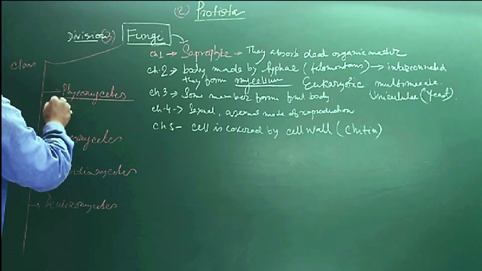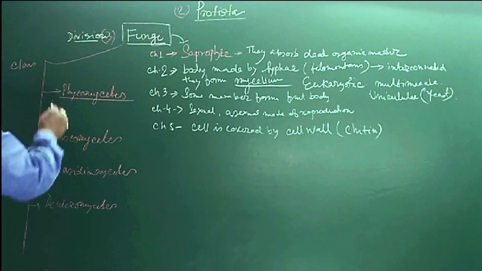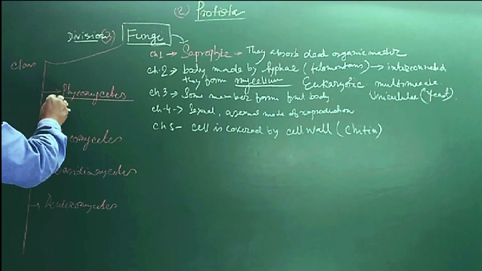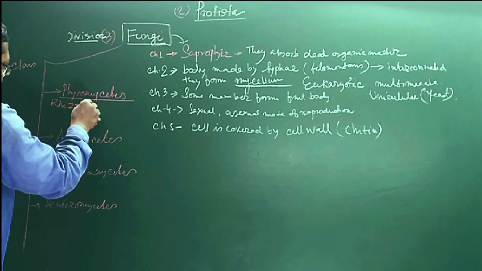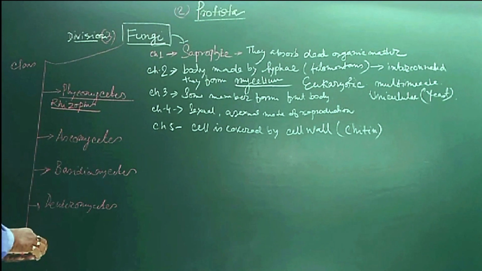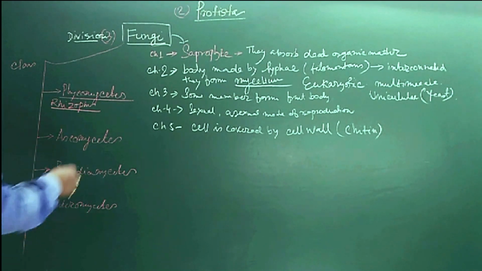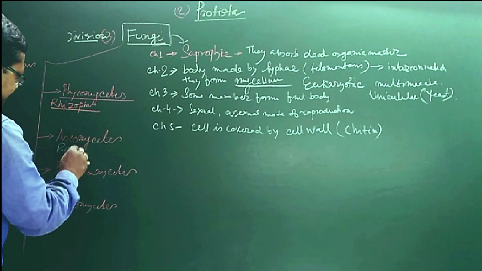Bread mold, Phycomycetes, the example of the bread mold is Rhizopus. Rhizopus is the example of the Phycomycetes. Ascomycetes, Penicillium.